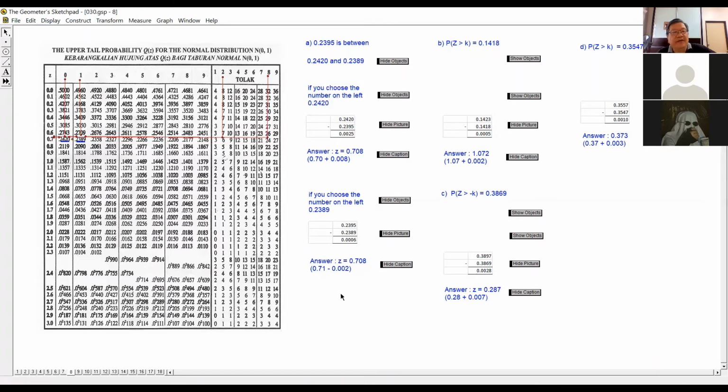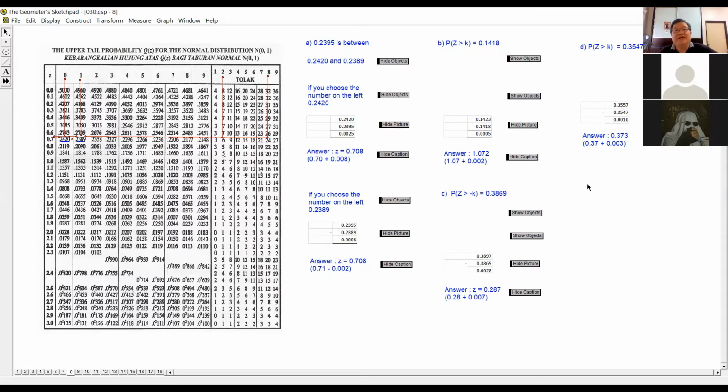Which number do you prefer? 2420, or do you want to choose this number 2389? What is your choice? 2420. Correct, 2420. Very good.